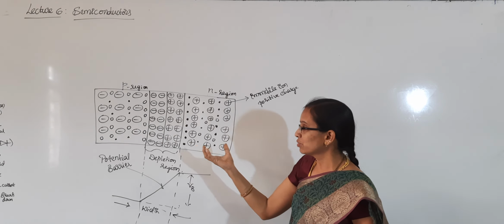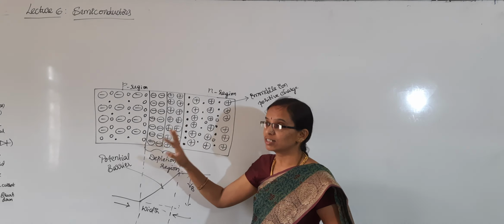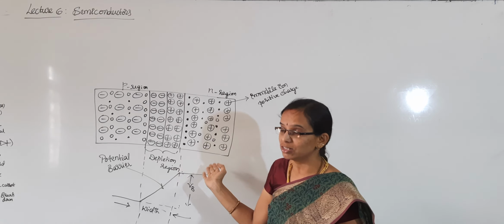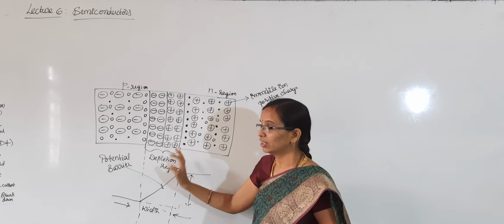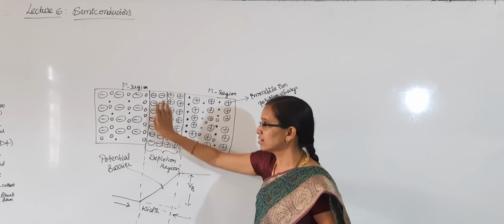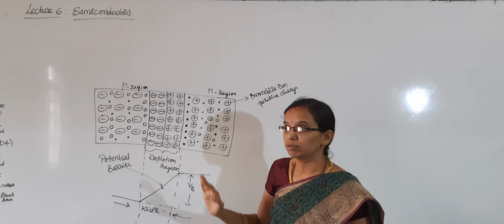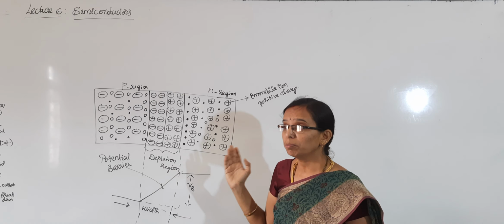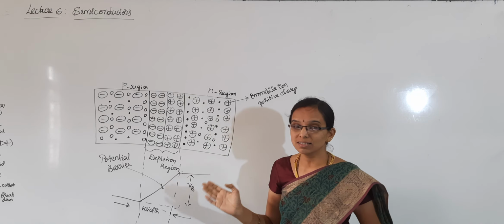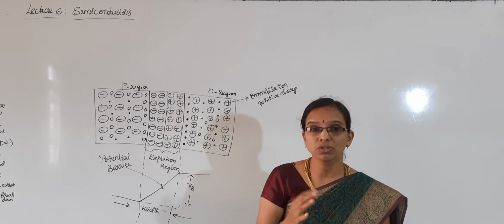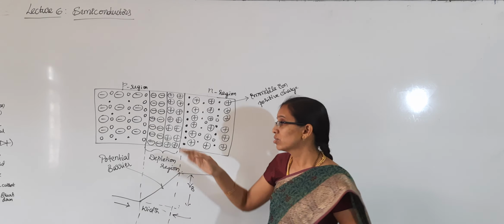Once the PN junction is formed, the free charge carriers, holes and electrons, move across the junction, but these immobile charges remain near the junction because they are fixed. They form covalent bonds with the neighboring silicon atoms, so they cannot move.